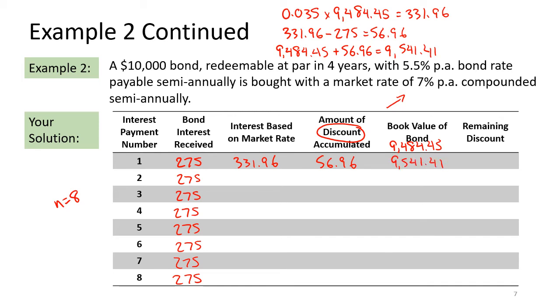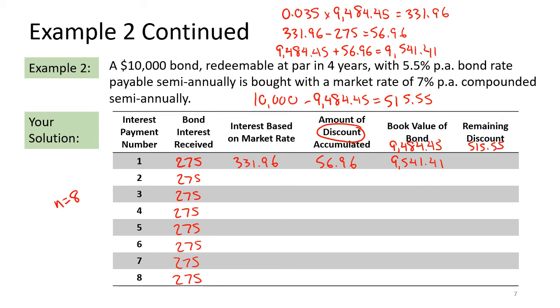Your last column, your remaining discount, is done the same as it was previously. It's the difference between your face value, $10,000, minus what your book value was at the start, $9,484.45. So your discount in this case is $515.55 to start.